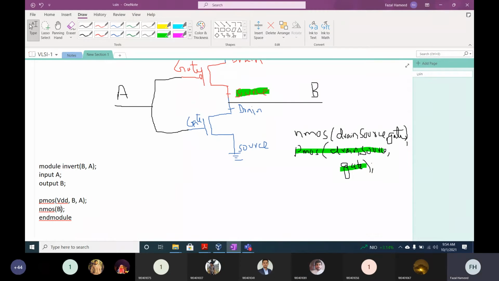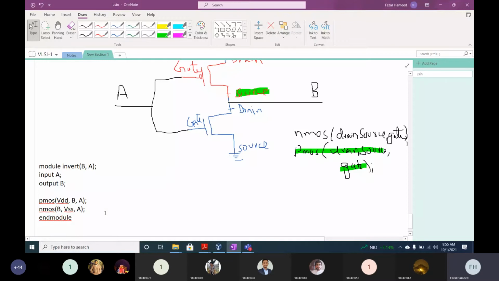What about the source? Ground. We call it VSS. VSS is for ground. Okay. VDD is for logical one, and VSS is for ground. And what about the gate? A, sir. You got my point or not? Yes.